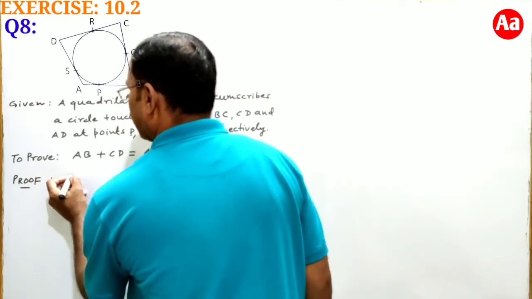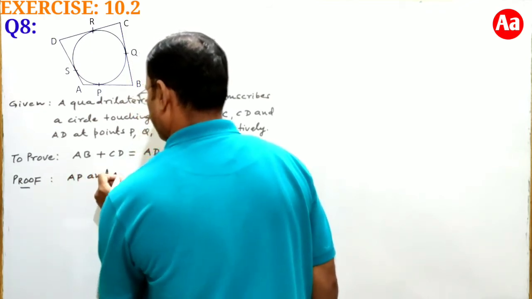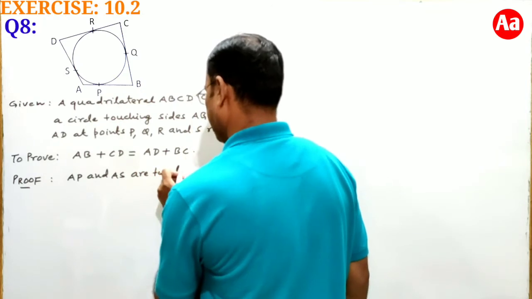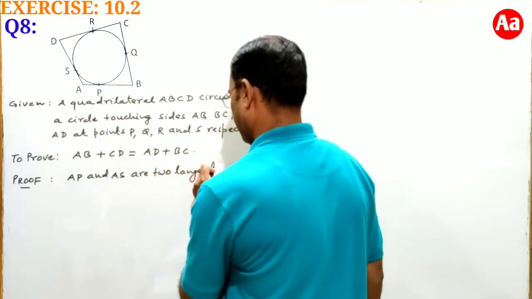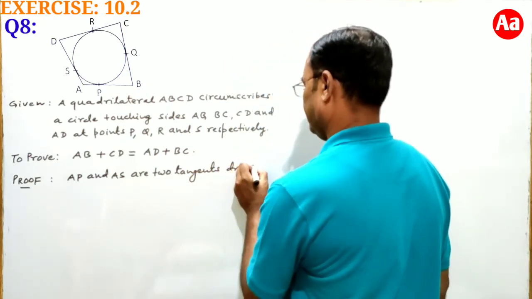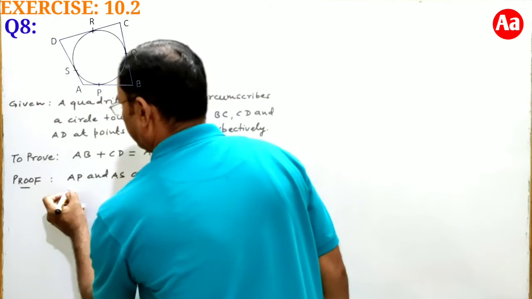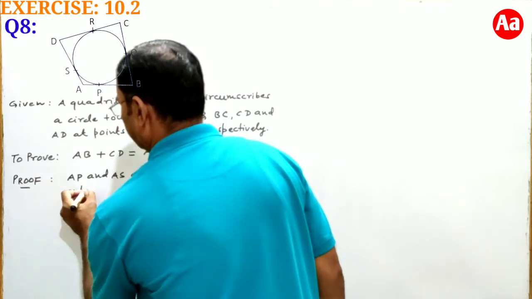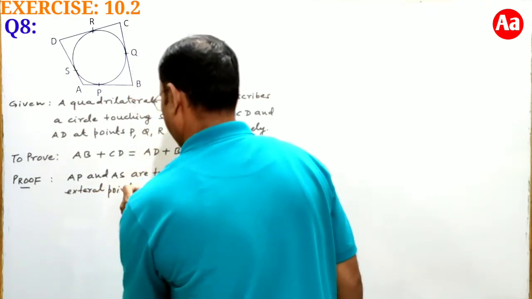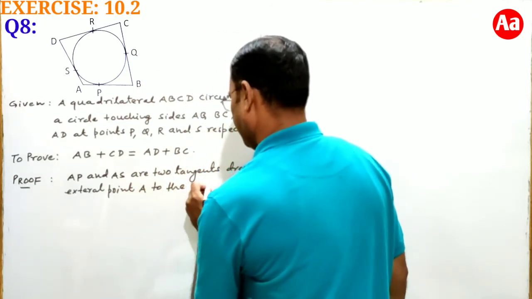AP and AS are two tangents drawn from external point A to the circle.